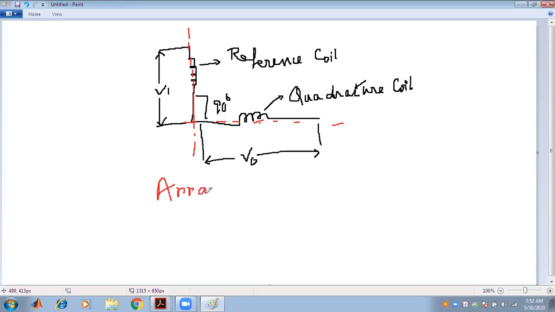The windings are arranged in order to produce a rotating magnetic field. How the arrangement of the windings is done in order to produce the rotating field.